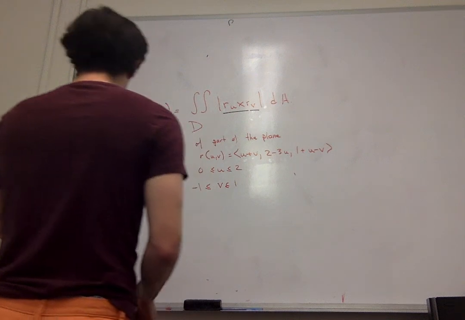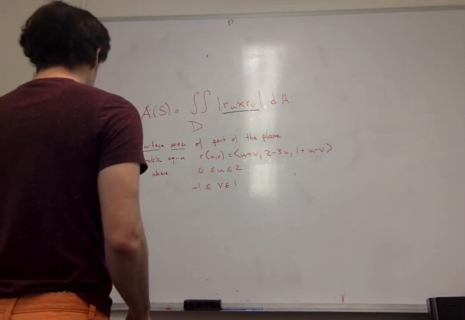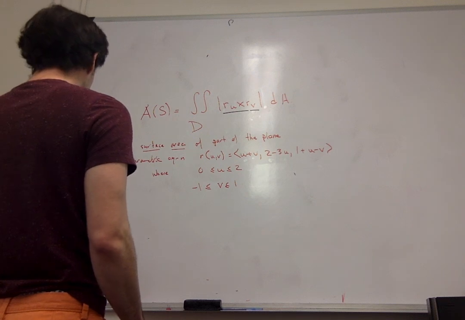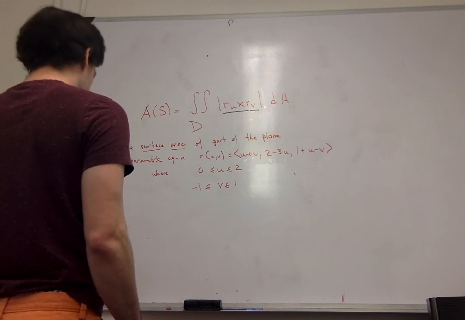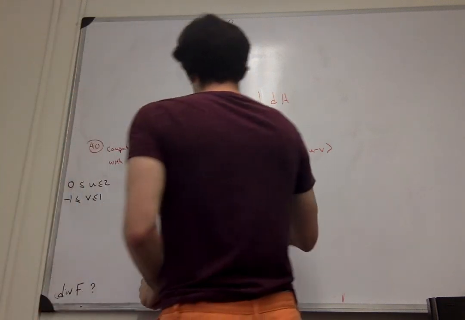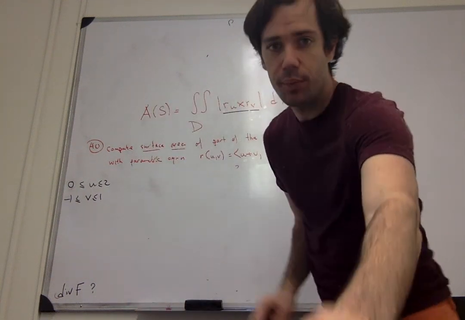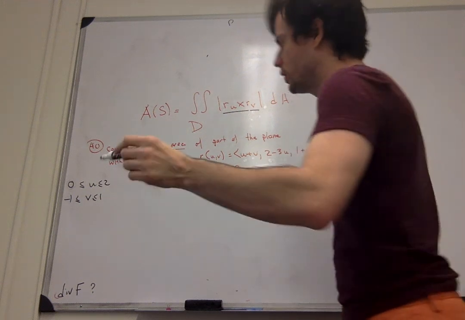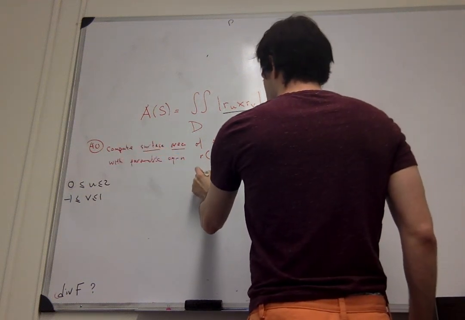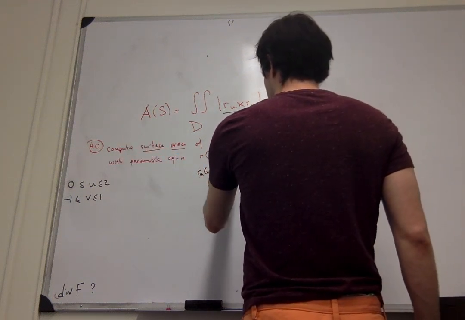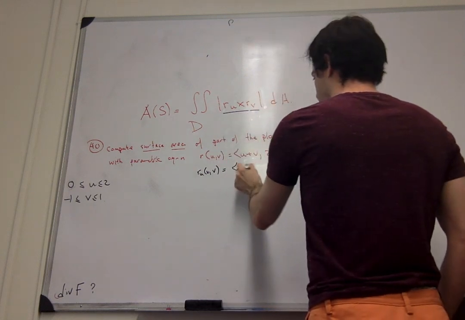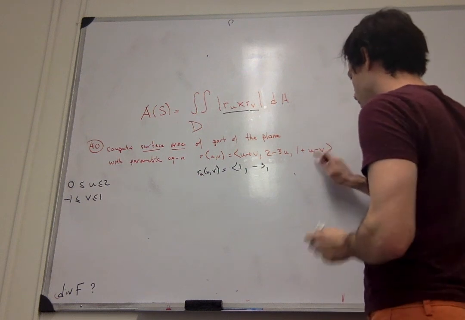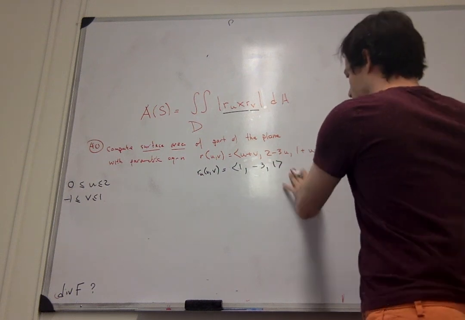Well, I'm going to put this information to the left, so I have room to write. And we're going to compute the derivative with respect to u, and then we're going to compute it with respect to v. Okay, so Ru, this is 1, 0, minus 3, and 1.